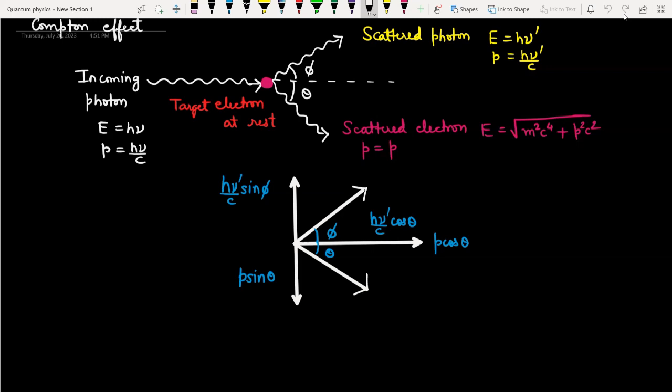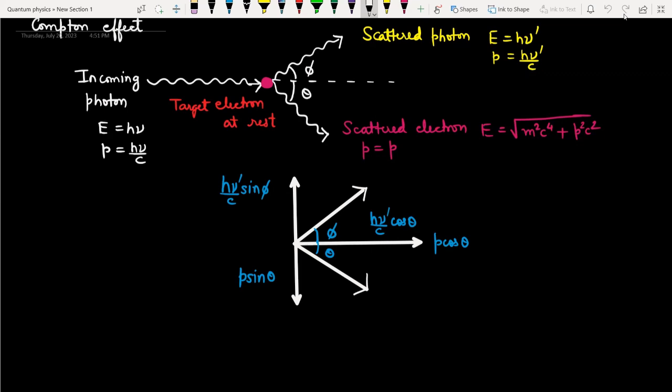So obviously the energy of that scattered photon will be less, or we can say that the wavelength of the scattered photon will be more. So we wish to compute the relation between the wavelengths of the incoming photon and the scattered photon, or basically the change in the wavelength from the incoming photon to the scattered photon.